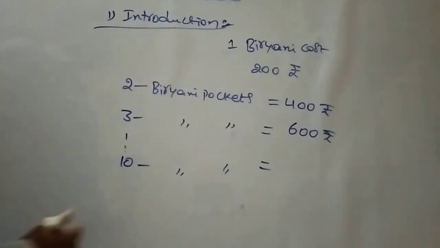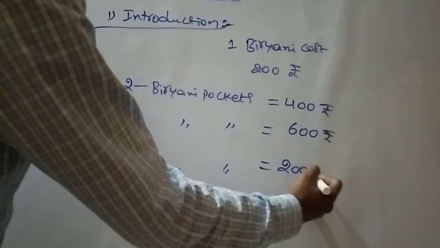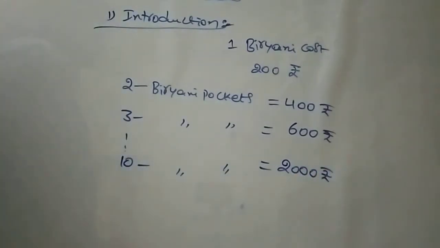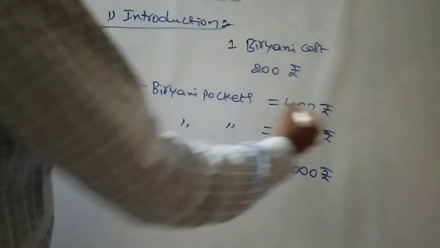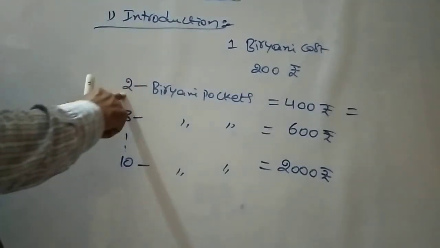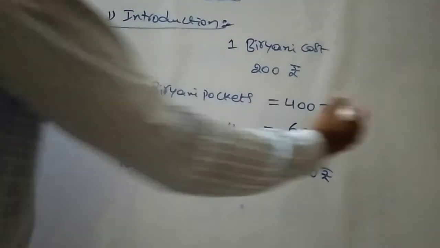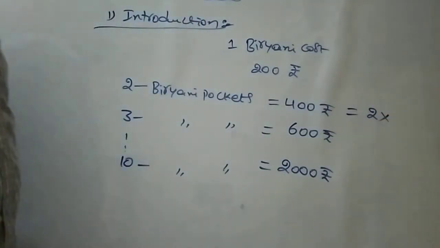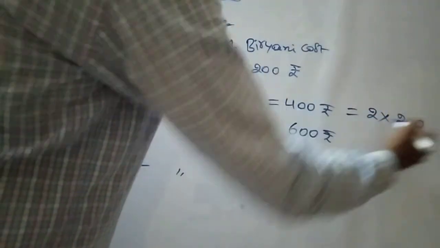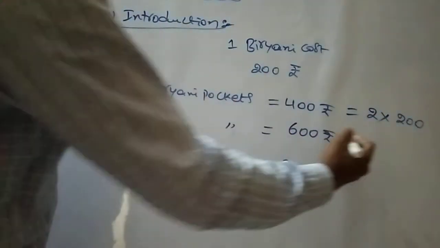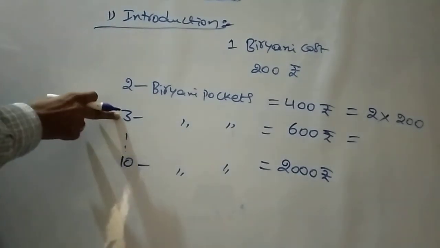How much will you get? 2000 rupees. Now, instead of adding this, we can write it like this: 2 biryani packets, 2 into 200 rupees each, that is 400. Now, how many biryani packets the next time?